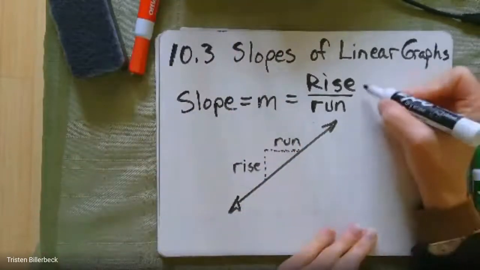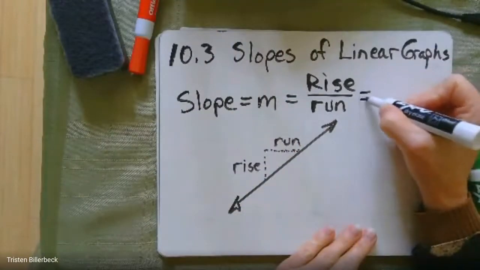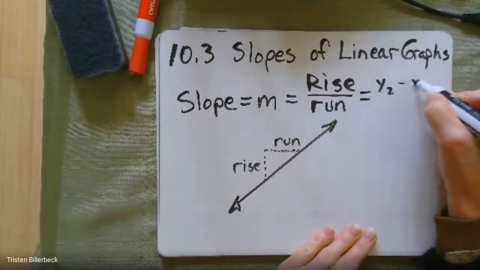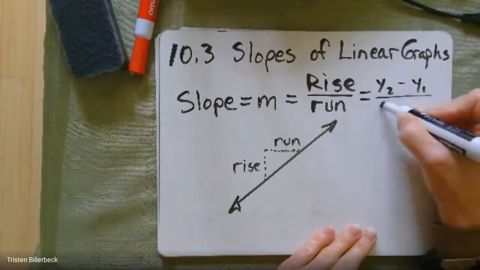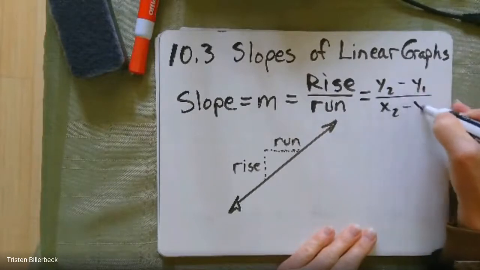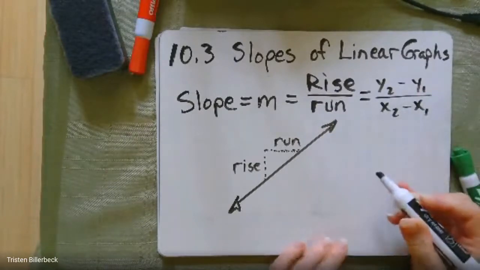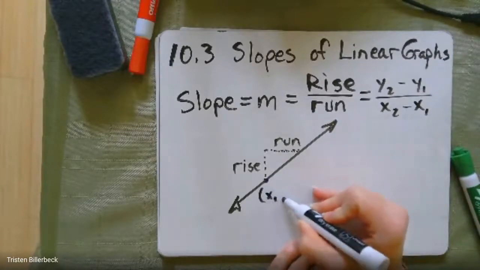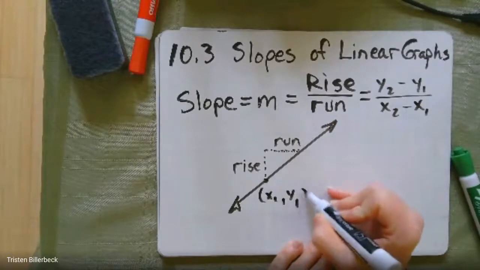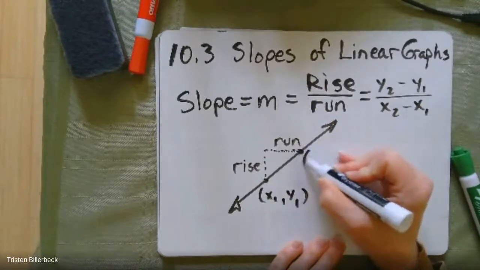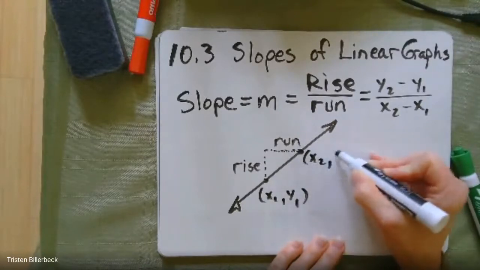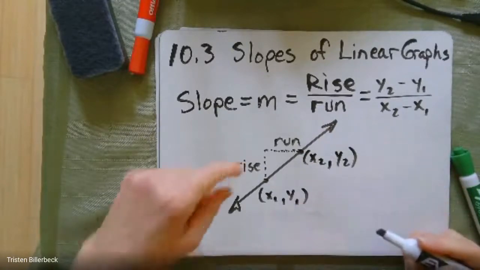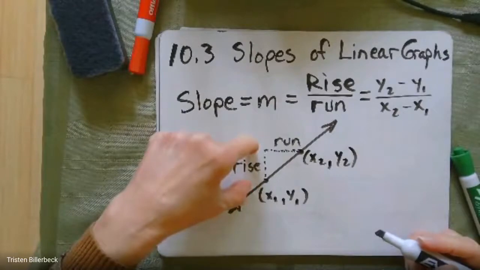Later in this section of the unit, we're going to learn about y2 minus y1 over x2 minus x1. That means if I have a point x1, y1, and a point x2, y2, I can just find the difference in the y's.